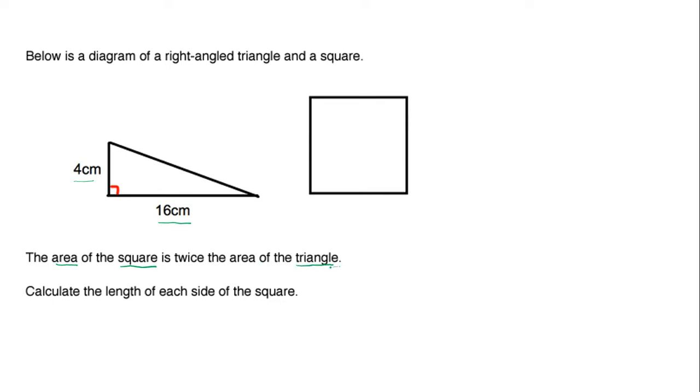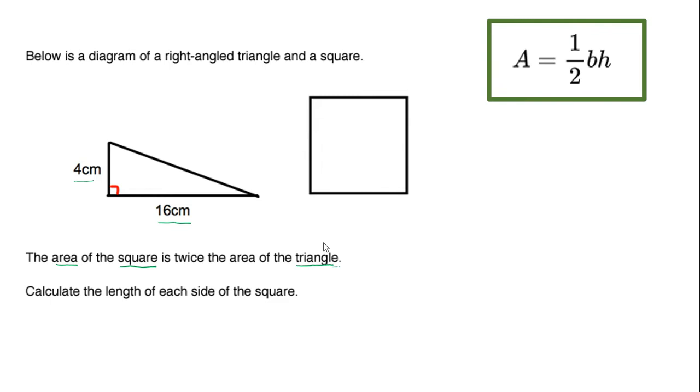So first thing, we need to list down the formulas for finding the area of square and the area of triangle. So my triangle is half times the base times the height, and the area of a square is side times side.